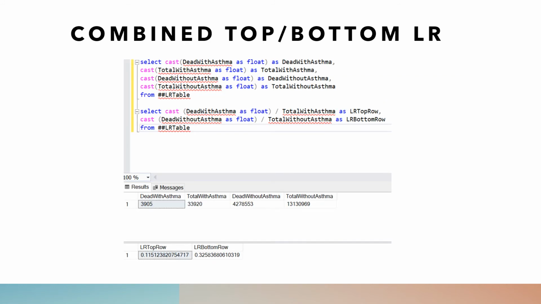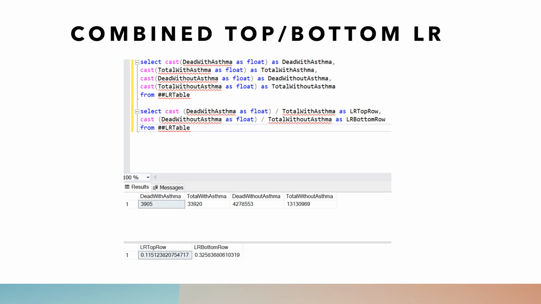So now that we have our two values for the top row of the likelihood ratio and our two values of the bottom row of the likelihood ratio, we can figure out what each of the values are for each of those rows. What you don't see here is that we've actually created the double hashtag LR table using the into function, which has included the dead with asthma, total with asthma, dead without asthma, and total without asthma values.